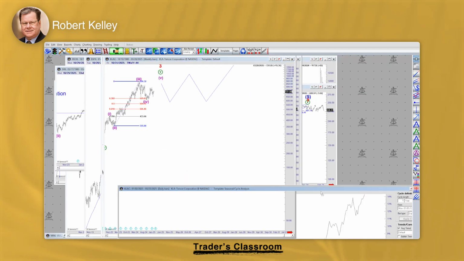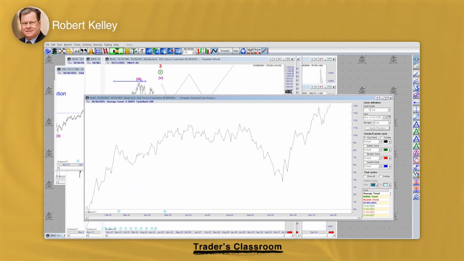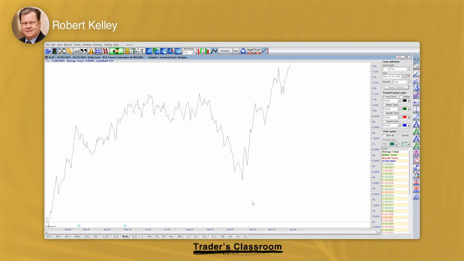All right, let's just, for the heck of it, look at the seasonal chart. My saying, looking at the seasonal chart is kind of like taking a multivitamin. It probably ain't going to hurt anything, and it might help, right? So the blue line is going to be today, and you can see it's in a pretty good uptrend.